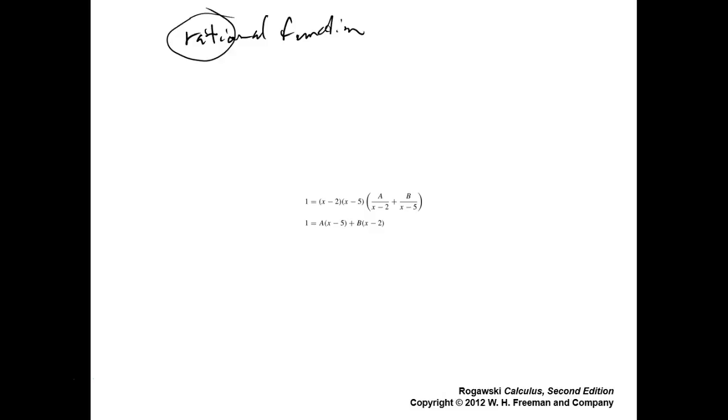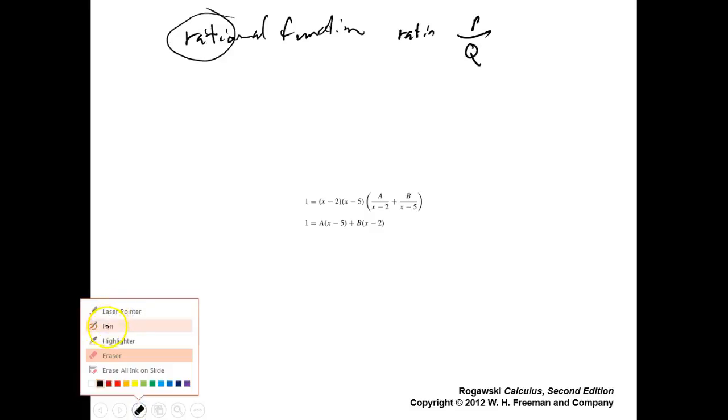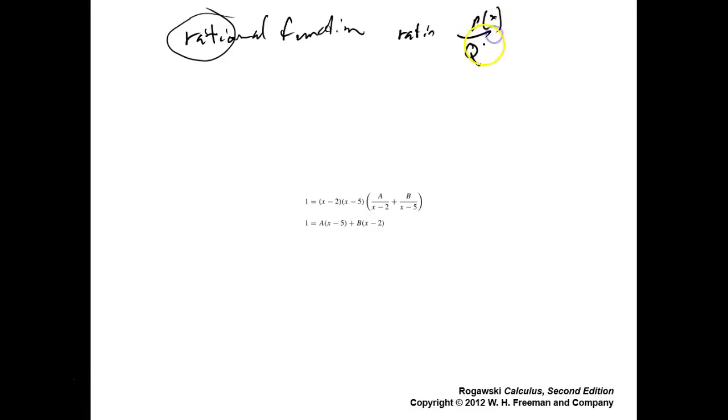A rational function is a function that is the ratio, or division, of two polynomial functions. Let's call it P divided by Q, and we'll make both of those a function of the variable x. P of x divided by Q of x.